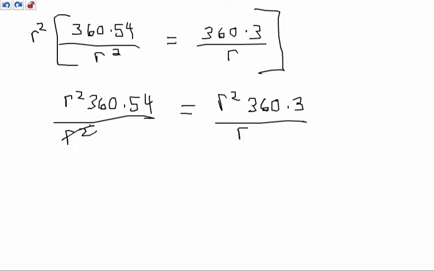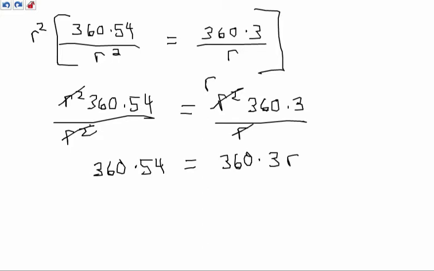So notice r squared cancels on the left, and we're left with 360 times 54 equals, and here r cancels and we're left with r on top. So equals 360 times 3 times r.